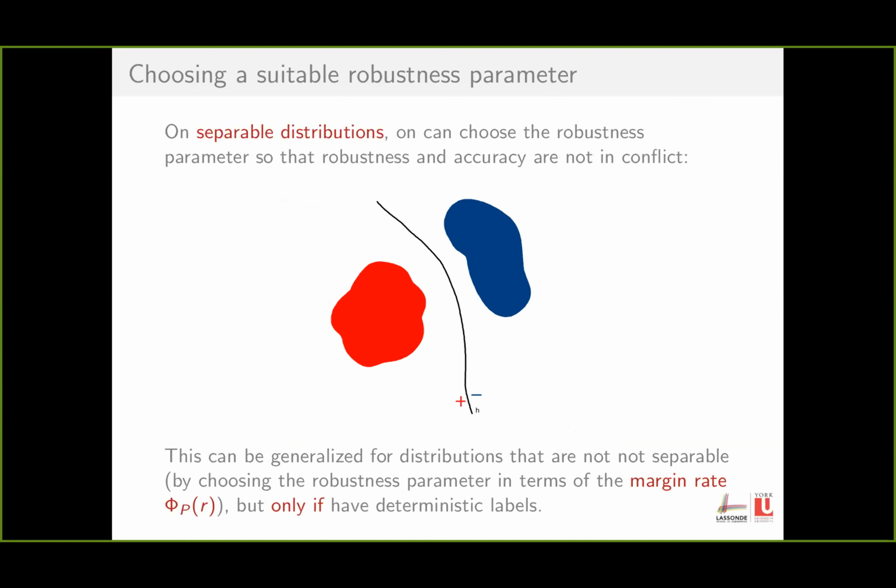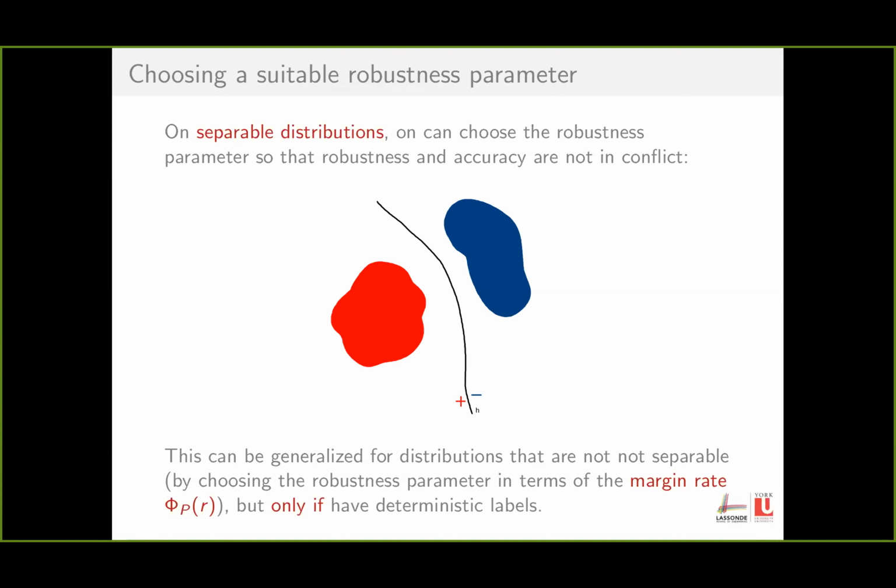In this work, we went a bit further and analyzed how this phenomenon relates to the noise in the data generating distribution. We introduced the notion of a margin rate that measures, as a function of the radius, the mass the distribution assigns to the margin area.